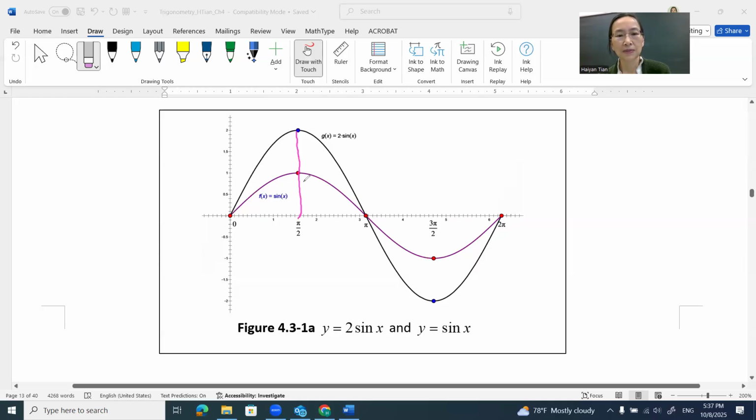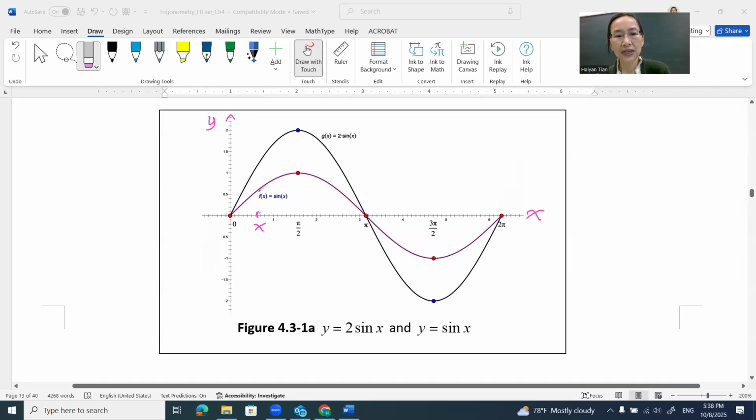Let's see. This y value is twice as big as the basic sine function. But it is true for each y, right? So for each given x, here this is the function, x versus y.